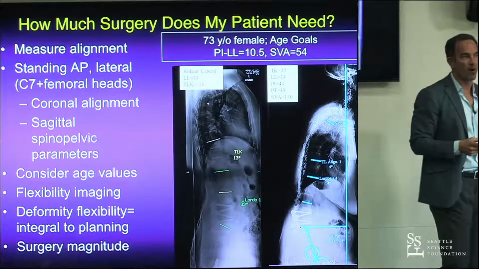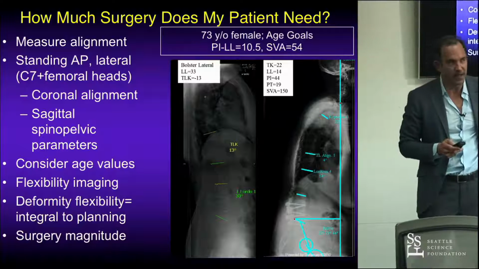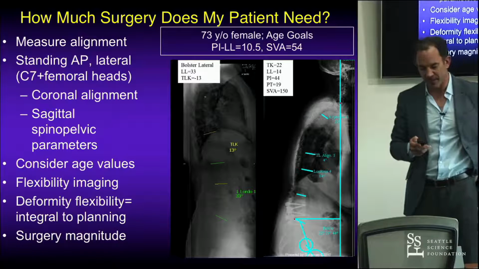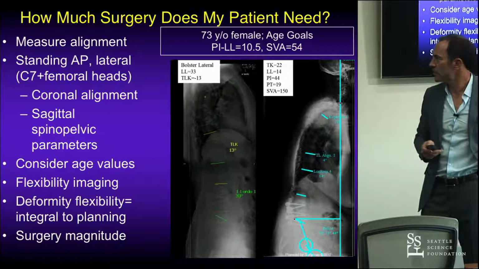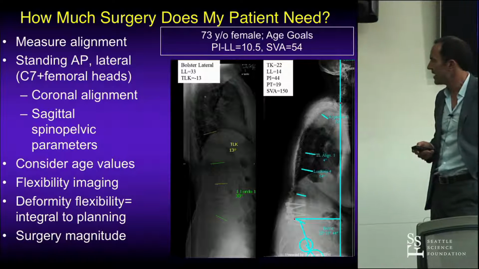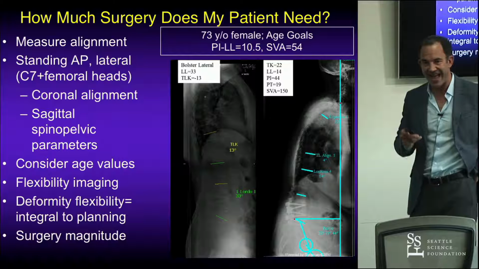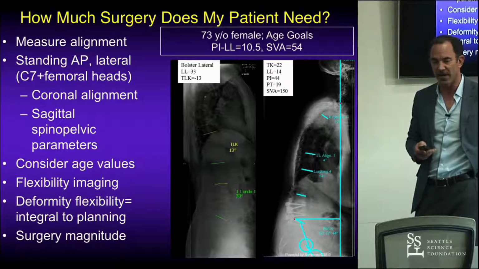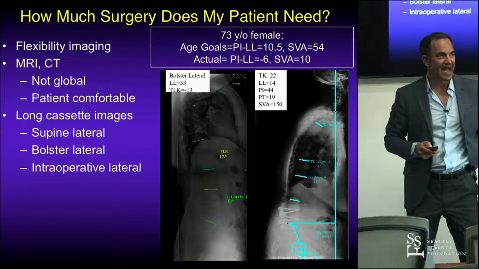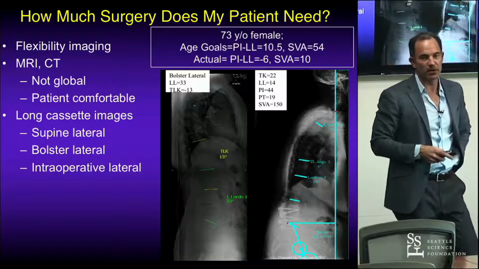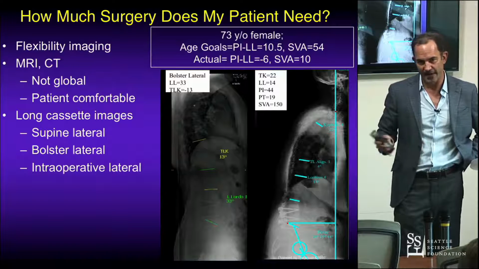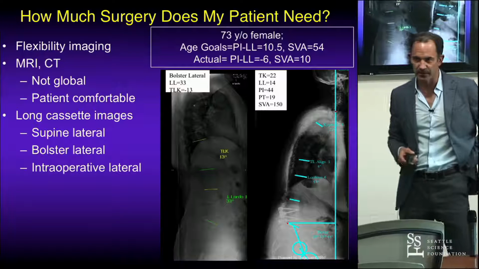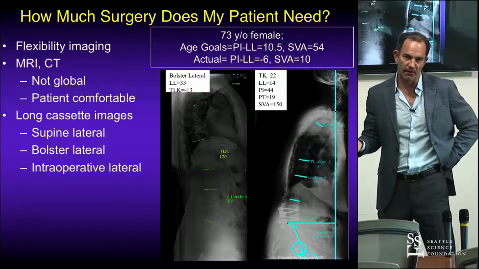And so in my mind, the deformity and the flexibility of the deformity is very integral in terms of what I'm going to do. So I'll get a standing AP and lateral and then a supine AP and lateral on every single reconstructive patient that I'm going to do. And I think you can use the MRI or CT scan sagittal views as a surrogate measure of flexibility.